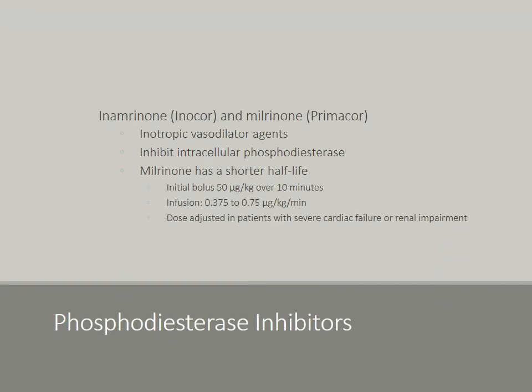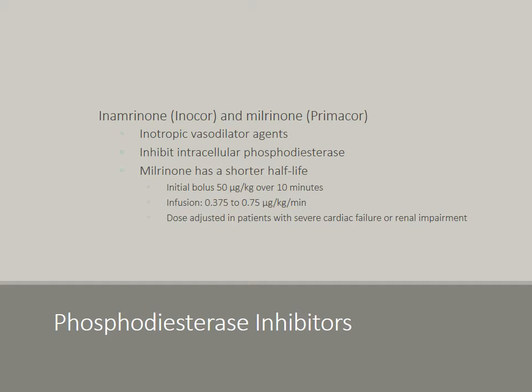Phosphodiesterase inhibitors like inamrinone and milrinone inhibit intracellular phosphodiesterase. Milrinone has a shorter half-life than inamrinone.